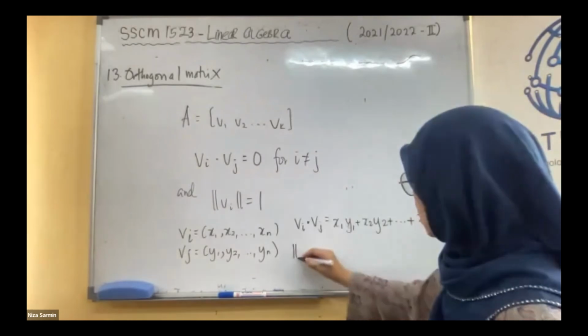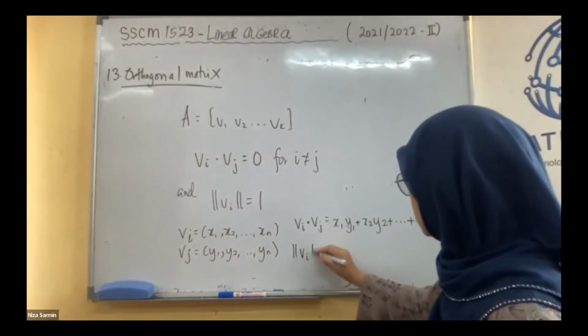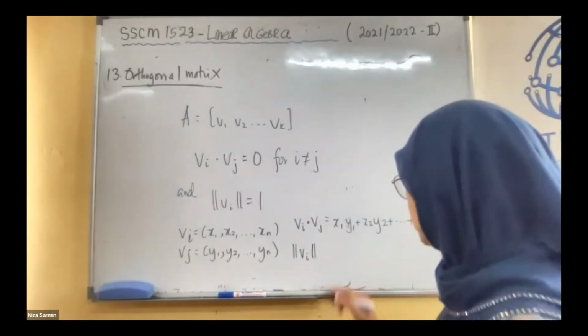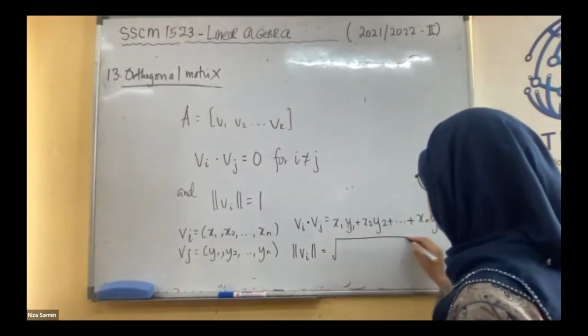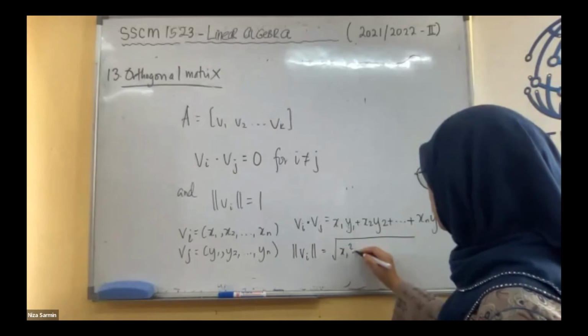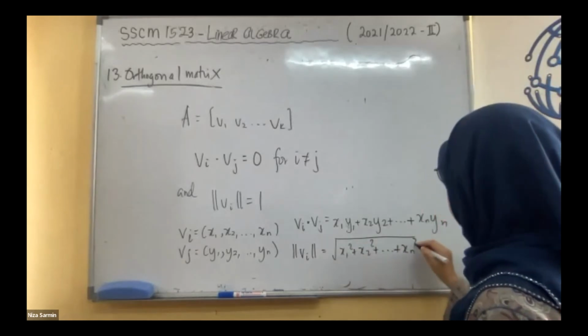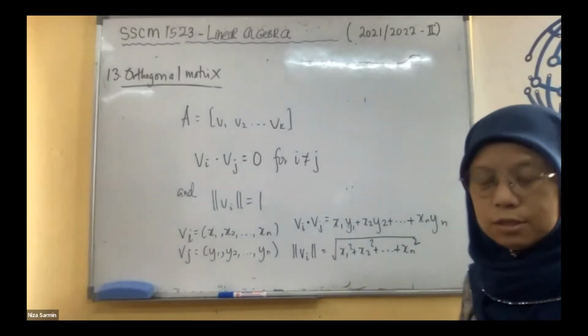And what is actually the norm of this? It is the square root of X1 squared plus X2 squared plus up to Xn squared. This we have learned before.